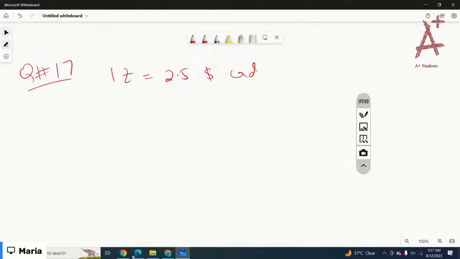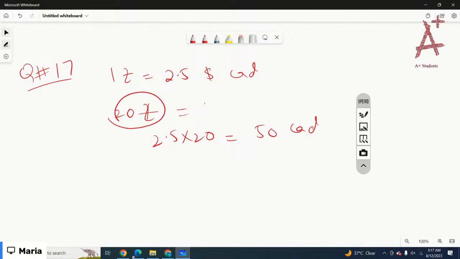He has 20 pounds, right? So 20 pounds in Canadian is 2.5 times 20. So that would be 50 Canadian dollars. If he has 20 pounds, that equals 50 Canadian dollars, right?